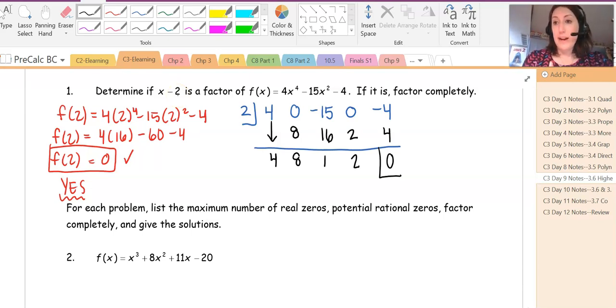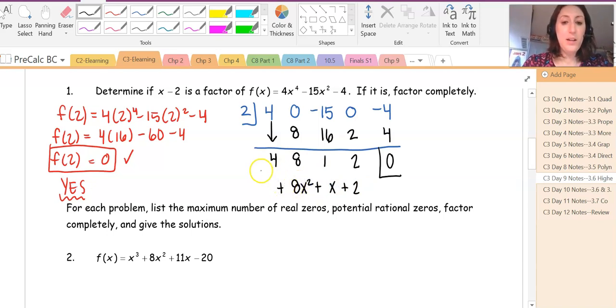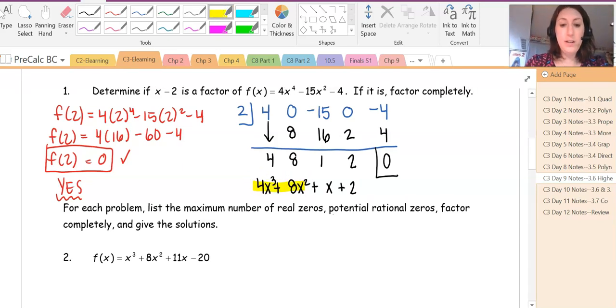So now we can factor completely. What you have left over, each of these are the coefficients of your function. So this is the constant. This is 1x. This is x squared. So you just kind of work your way out, and this would be 4x cubed. And now usually you can factor this. So remember what we said in the past, try grouping.